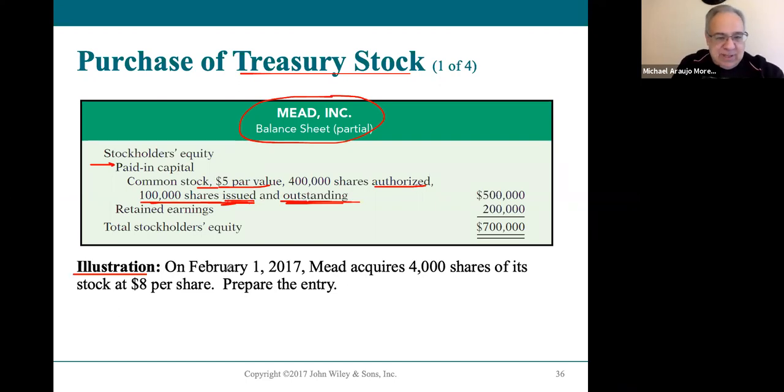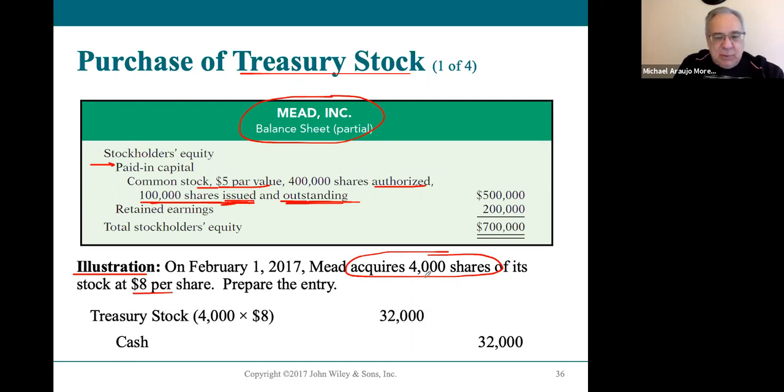But look what happens. In February, Mead acquires 4,000 of its own shares at $8 a share. So these 4,000 shares are going to be considered treasury stock. 4,000 shares at $8 a share means they paid $32,000. Treasury stock gets debited, cash gets credited because they use cash to buy it.